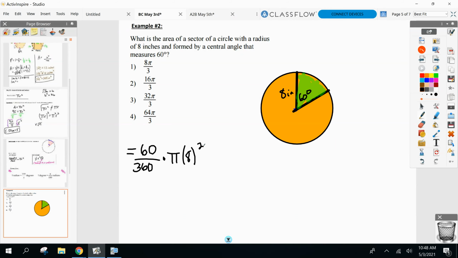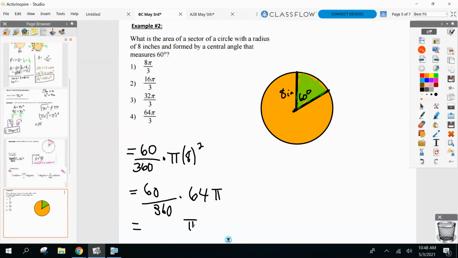All the multiple choices have pi, so you better leave your answer in terms of pi. Remember how: multiply everything on your calculator except pi. So in the calculator, 60 over 360 times 64, and then we'll put the pi in the answer.